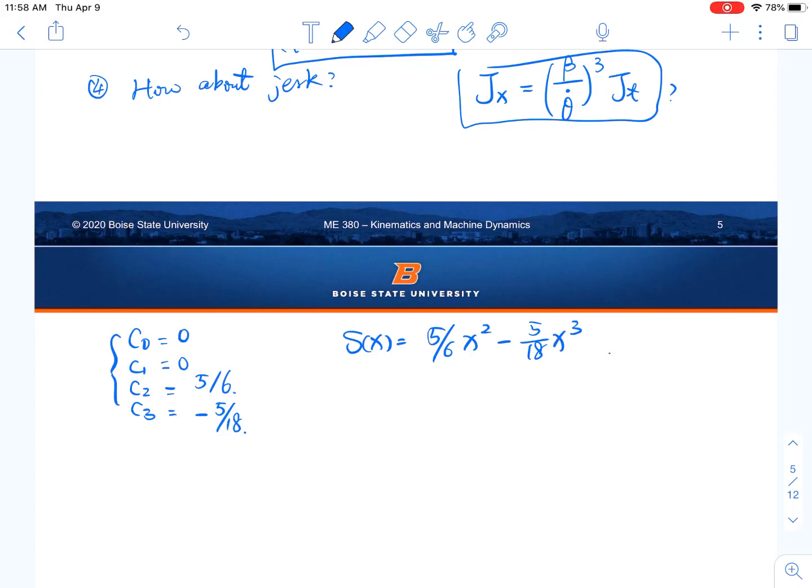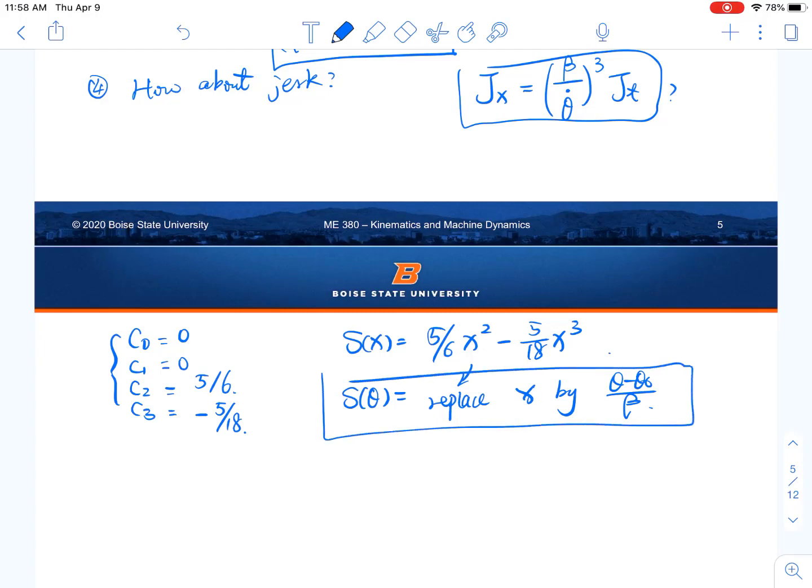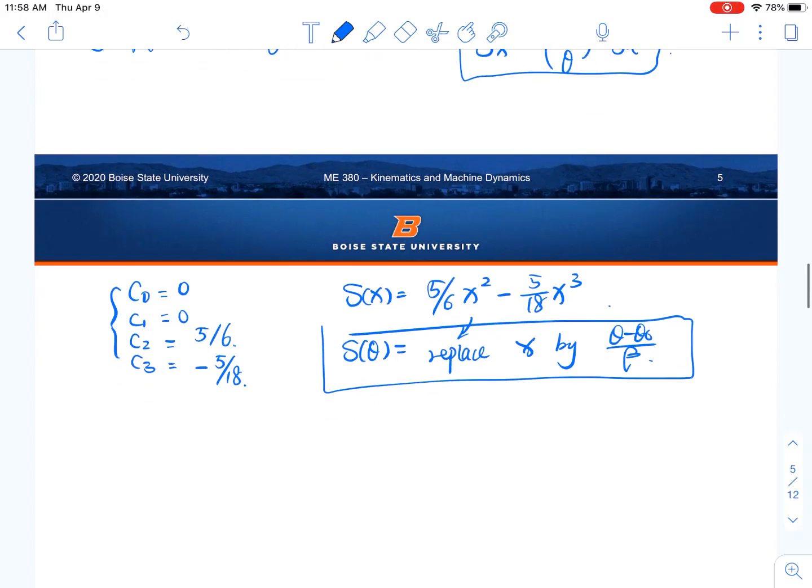And then because eventually we want to add theta, just replace x by theta minus theta naught over beta. Then you have a function of theta. So that's something we want to have in the end. All right. So let's look at the second segment.